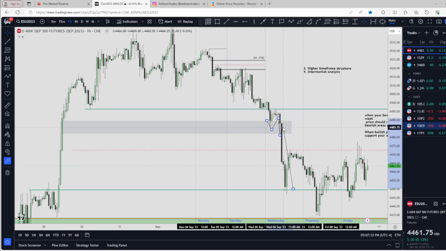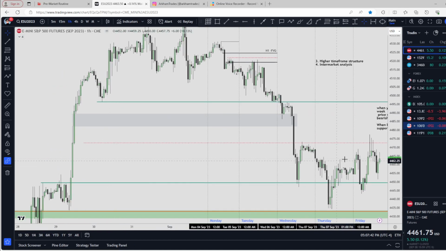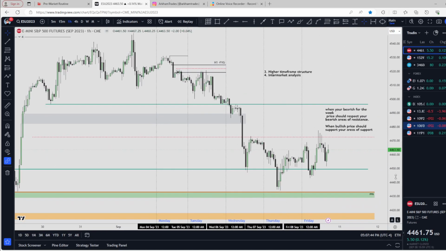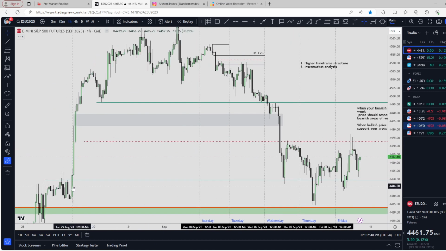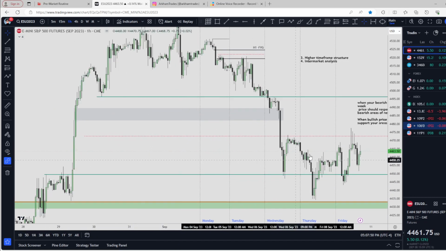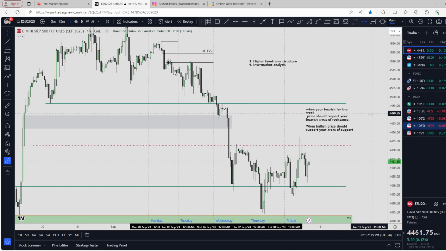This is what we see here. Broke lower, came back above, drop. When you're bearish for the week, until your draw on liquidity has been met for the week, wherever that may be, whether it was this fair value gap or this low or wherever, you continue to be bearish.